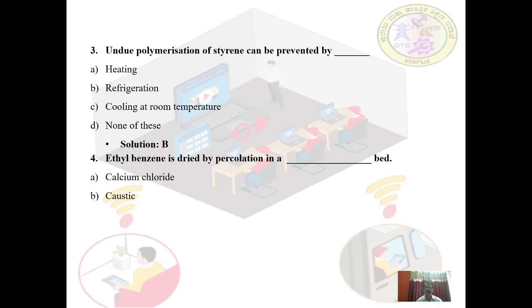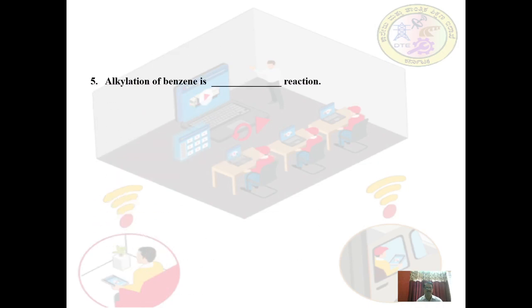Option B, caustic, that is sodium hydroxide. Option C, carbon, and option D, none of these. The right answer is option B. Fifth one, alkylation of benzene is a dash reaction. Options are A. exothermic, B. endothermic, C. autothermic, and D. none of these. Right answer is answer A, that is exothermic.